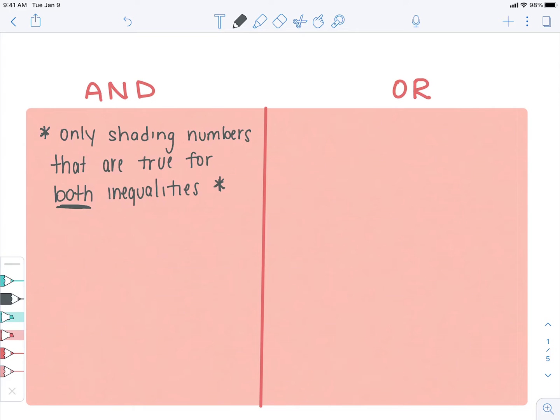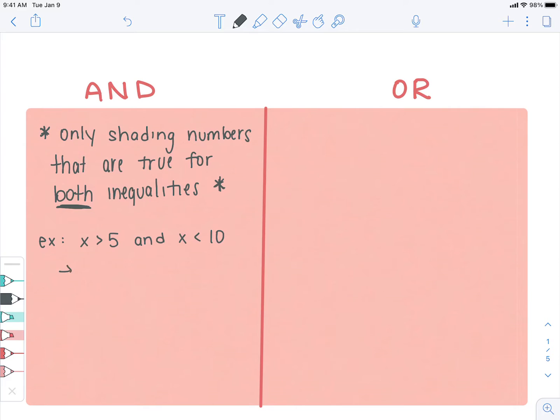So an example of that's going to be something like x is greater than 5 and x is less than 10. Can you think of a number that's greater than 5 and less than 10? 6, 7, 8, 9, right?